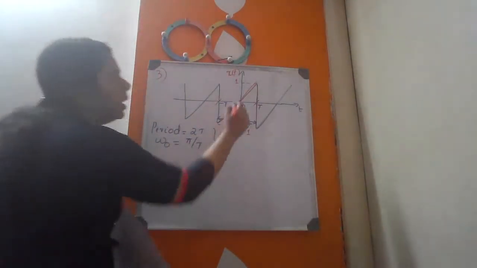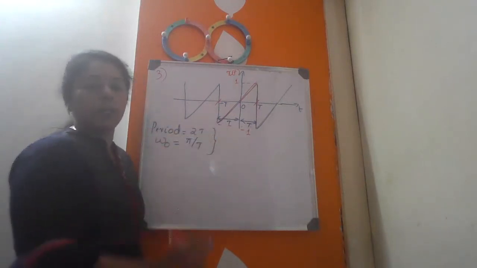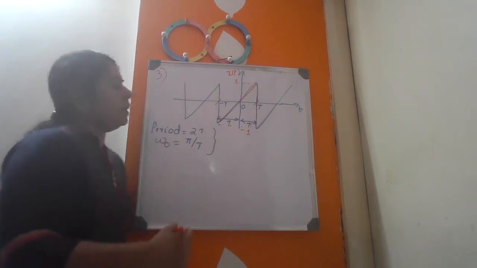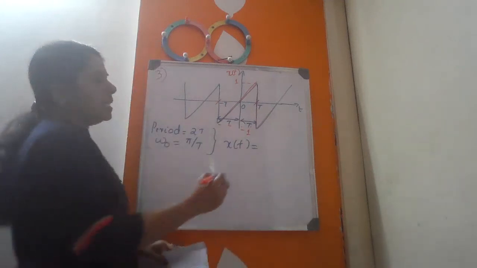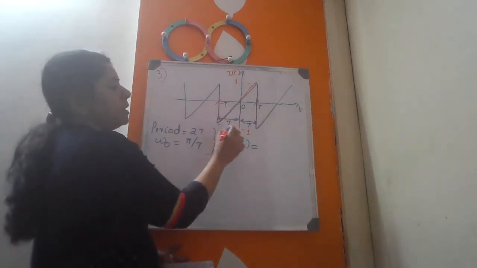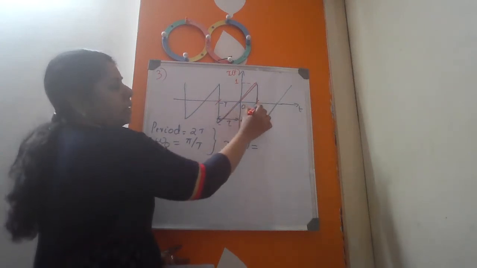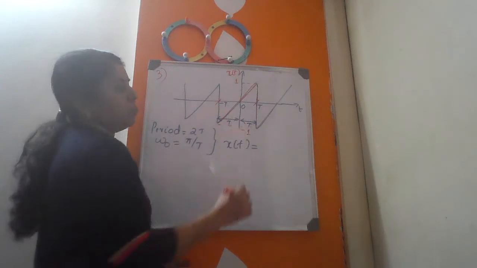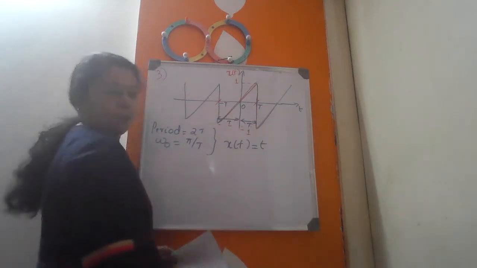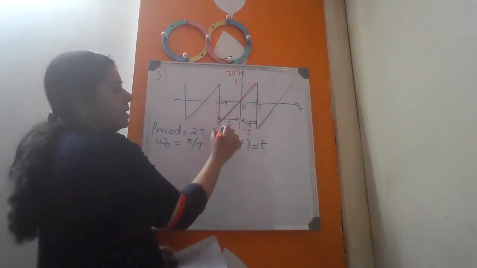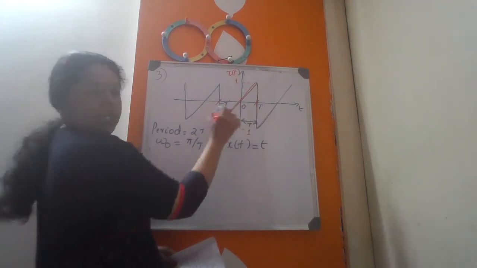Here in this question, they have not provided the equation of the given signal, so let us write it. You just see, at minus t my amplitude is minus 1. At 0, amplitude is 0. At t, my amplitude is 1. At 0.5 t, amplitude is 0.5.